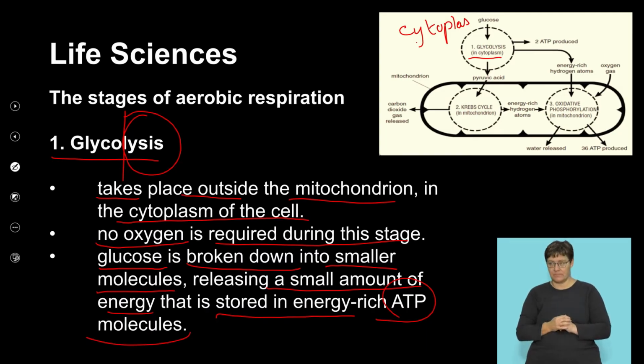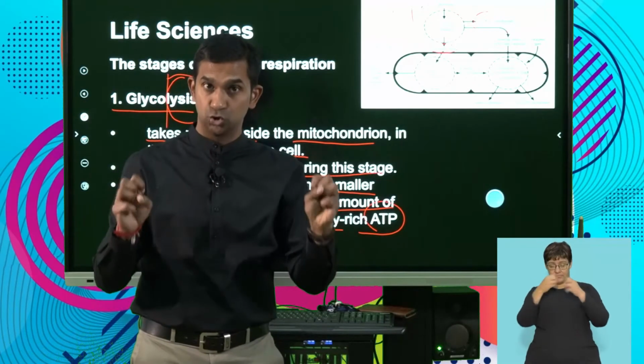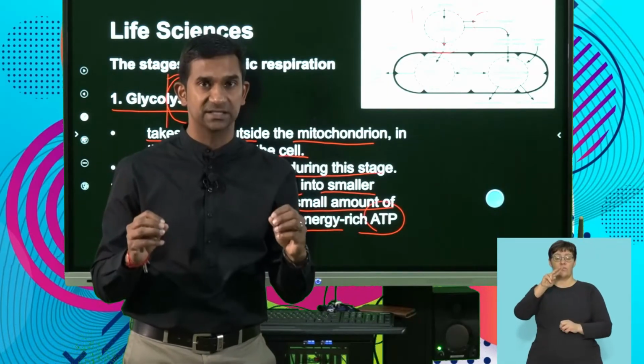So if we look at that, we can see that energy that is released from the breakdown is then used to produce energy-rich molecules called ATP. At the end of glycolysis, we see the production of pyruvic acid. So the glucose molecule splits up into two molecules of pyruvic acid.